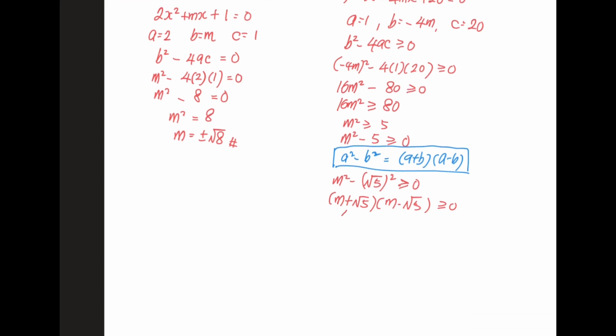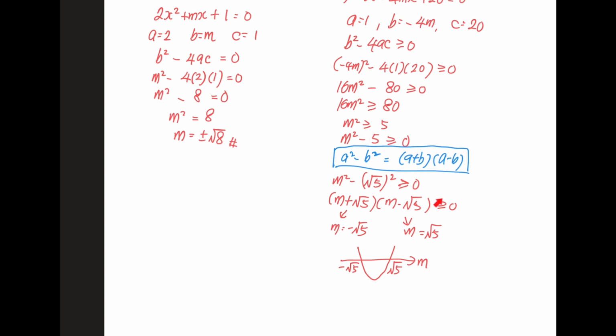Okay, then we know that this represents minus root 5, the critical value. This represents root 5. So for quadratic inequalities, we normally solve it by using a graph. The smaller value we put here, and the greater one we put there on the right, and we have the shade like this.